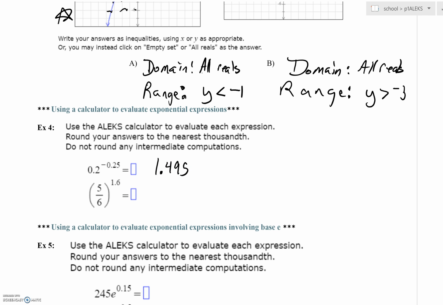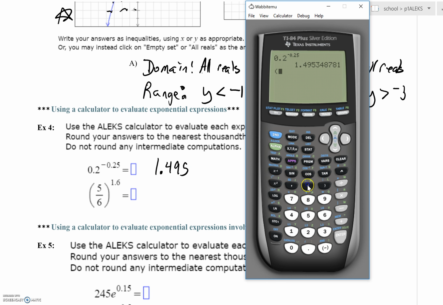And as we look at this next problem right here, that's just going to be parentheses, alpha y equals, so we'll go 5, bring down the 6, parentheses, raise that up to the 1.6 power. We're going to go to 3 decimal places. Here, though, the third decimal place is a 6, but when you look to the right, that number is larger than a 5.